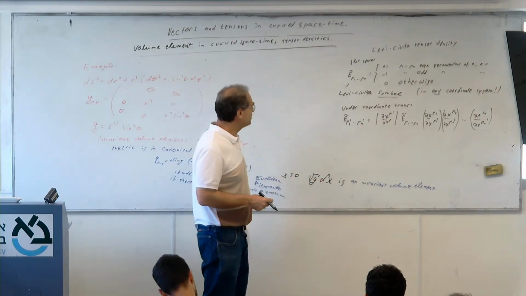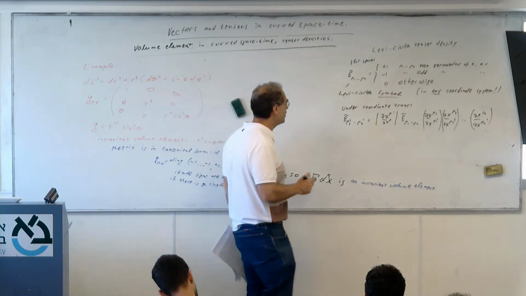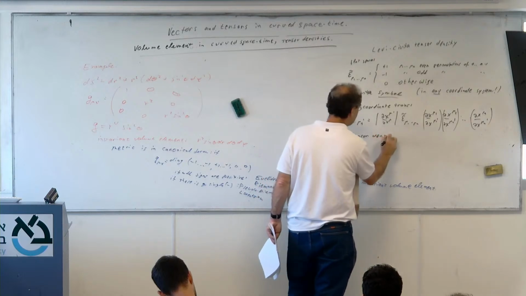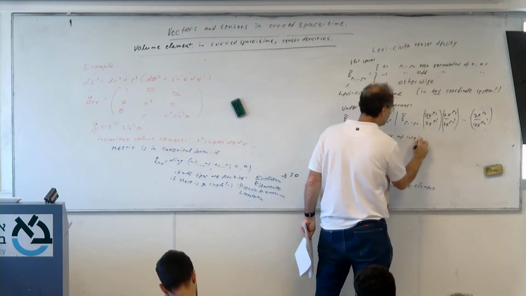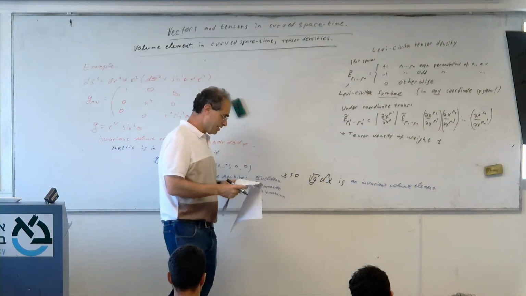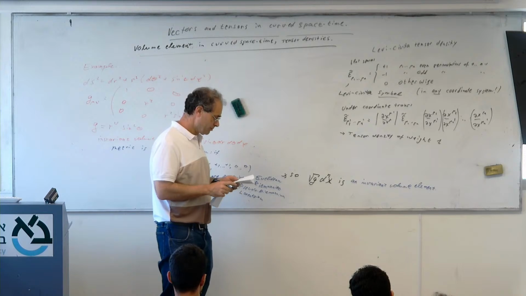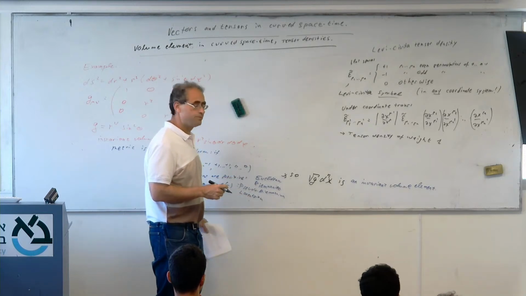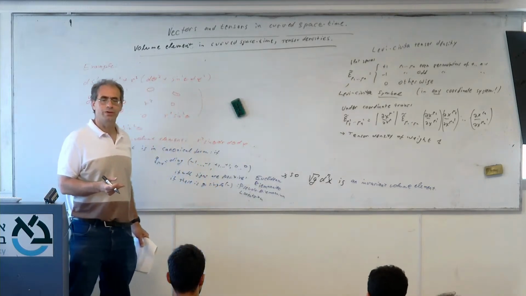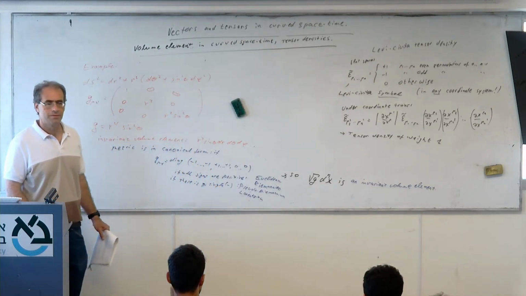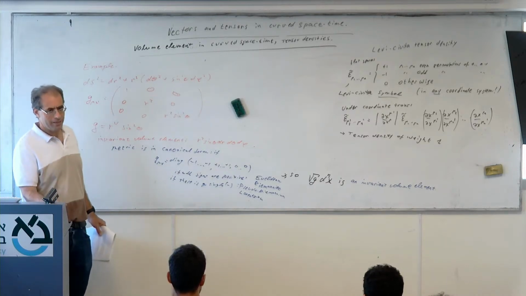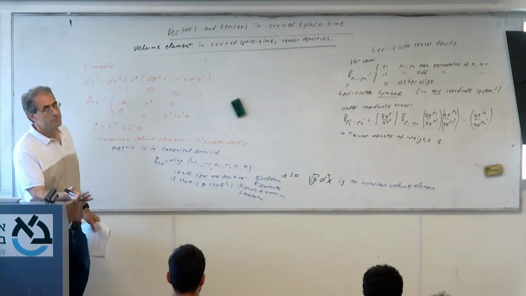So really, this is a tensor density of weight 1. But this tells us exactly what we need to do to make it a real tensor, not a tensor density. We need to multiply it by some tensor density of weight minus 1, which is the square root of g, of course.